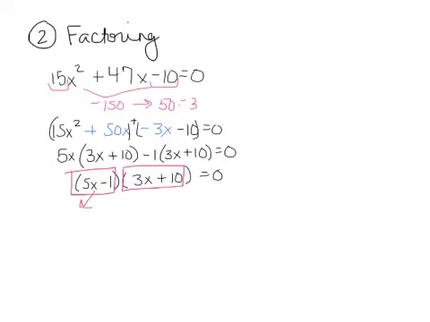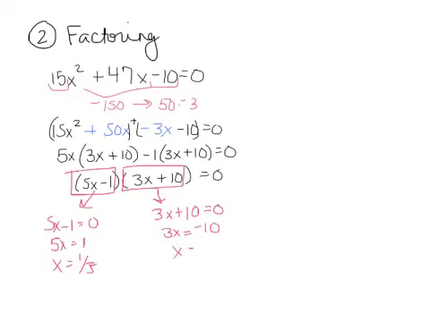So what that means is that either the 5x minus 1 has to equal 0, or the 3x plus 10 has to equal 0. So I solve. 5x is equal to 1. X can equal 1/5. Or over here on the right, 3x can equal negative 10. So x can equal negative 10/3. So these would be my two solutions I was looking for.